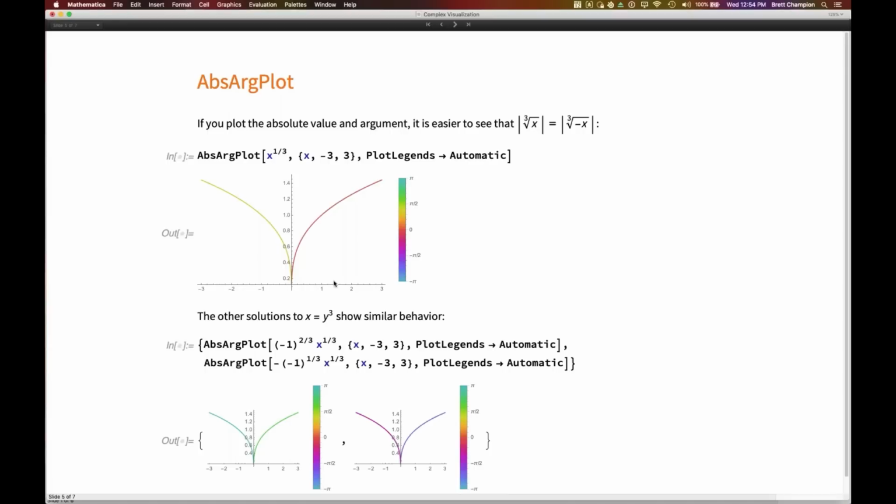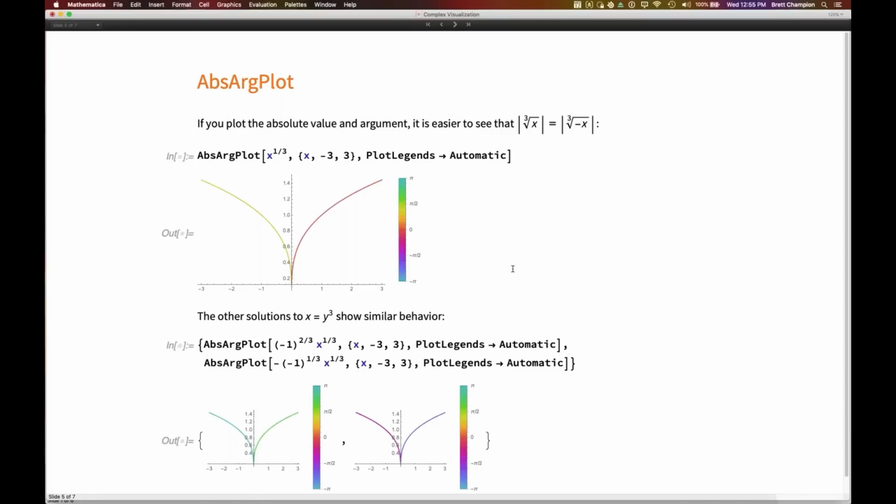For positive values, because the argument is 0, you know that this is a real valued function on this half, that this is all real values. On this side, the pi/3 means that it's a constant angle, that those complex numbers are shooting out in a ray from the origin in a fixed direction of pi over 3.